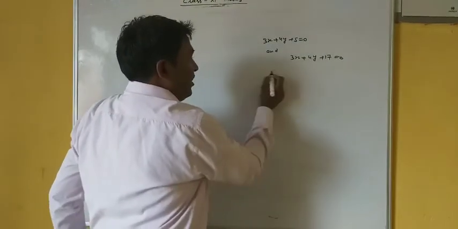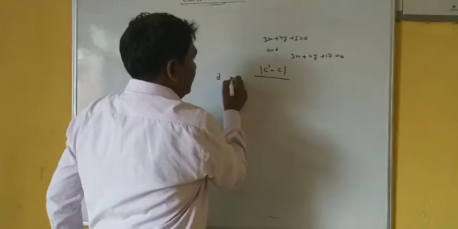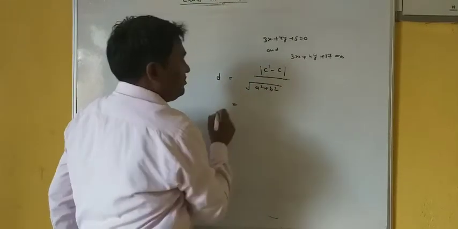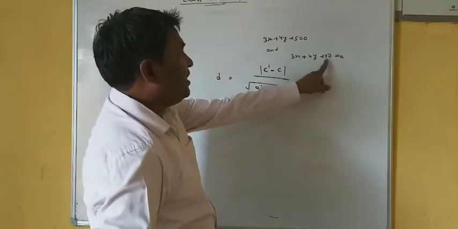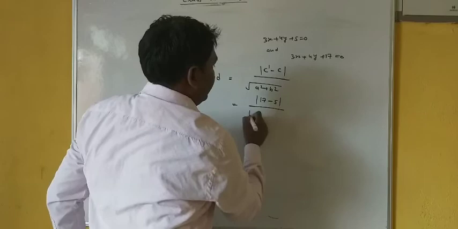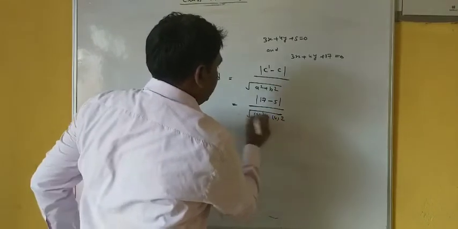Now see, for parallel lines we know that d is equal to the modulus of c dash minus c divided by the square root of a square plus b square. So putting in the values, c dash is 17, 17 minus 5 divided by the square root of 3 square plus 4 square, this is d.